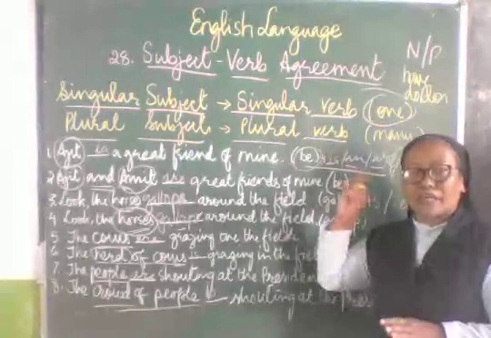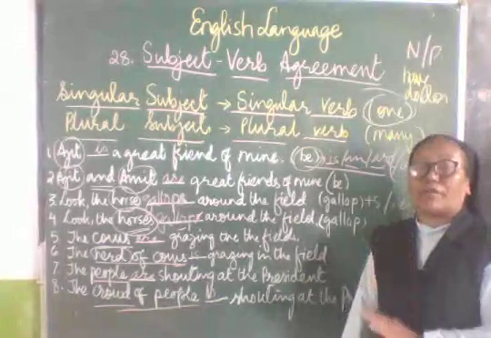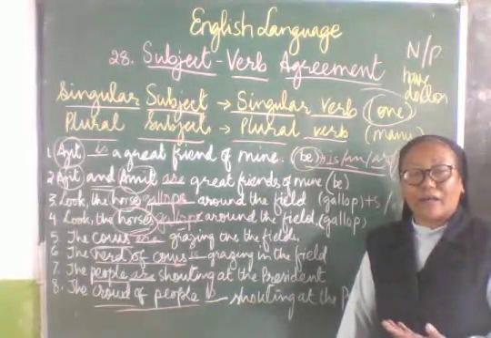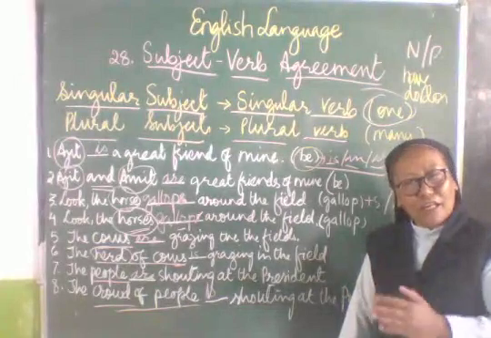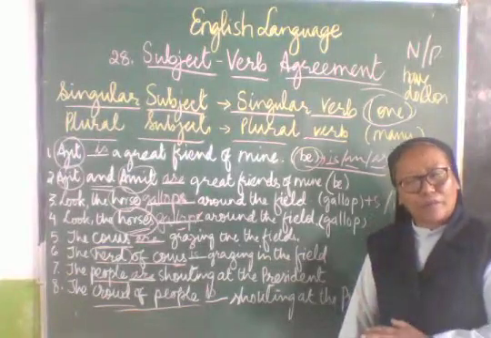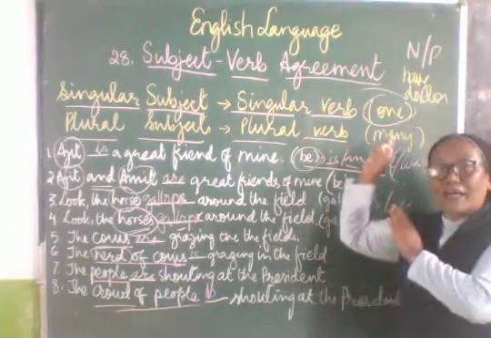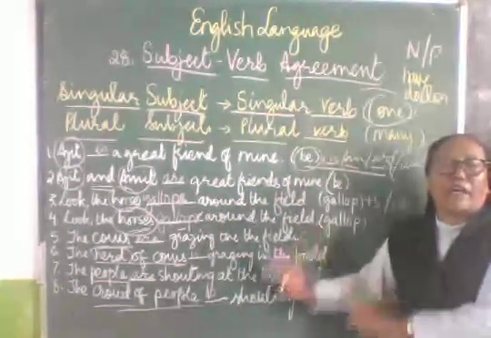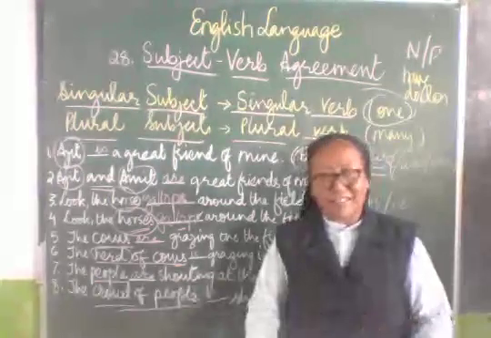Along with these auxiliary verbs, you also need to remember another set of helping verbs, the modals: can, may, might, could, shall, will, must, ought to. These are also helping verbs. Remember these basics so that it will be easy for you to make the subject agree with the verb in our speech and in our writing.